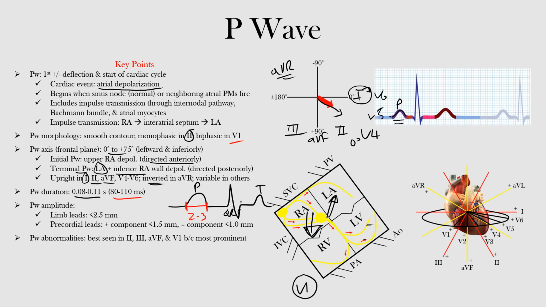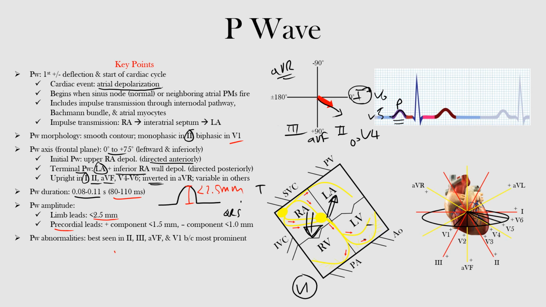Now the P wave amplitude, so the height of it, in the limb leads. Remember the limb leads were 1, 2, 3, AVR, AVL, and AVF. It should be less than 2.5 millimeters. Here's our amplitude in the limb leads. It's different in the precordial leads, and this depends.